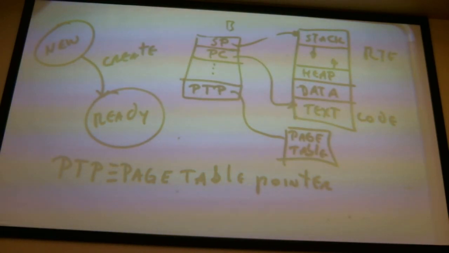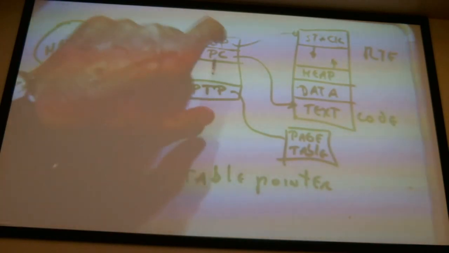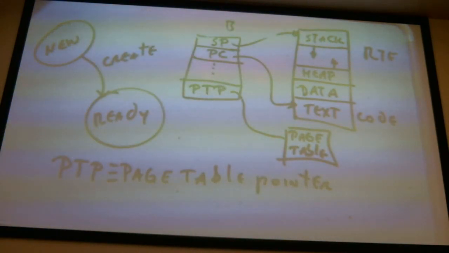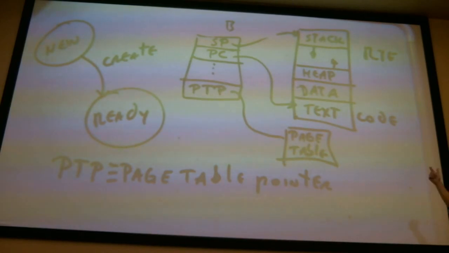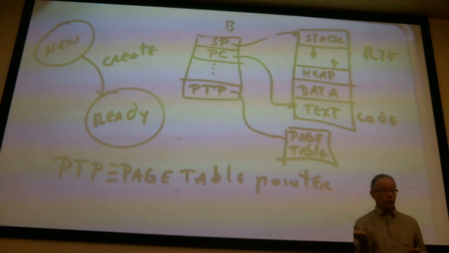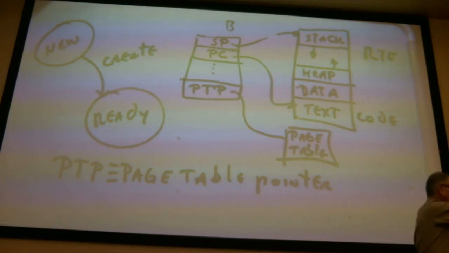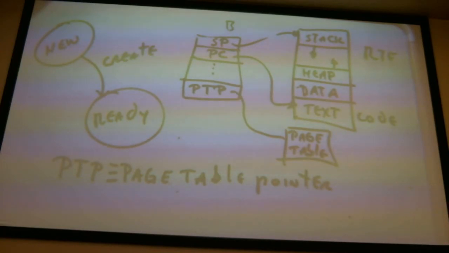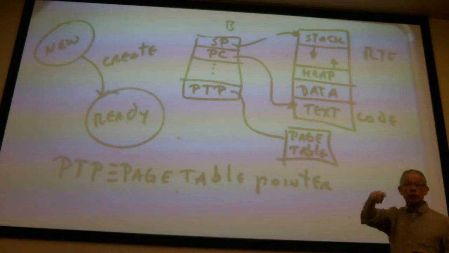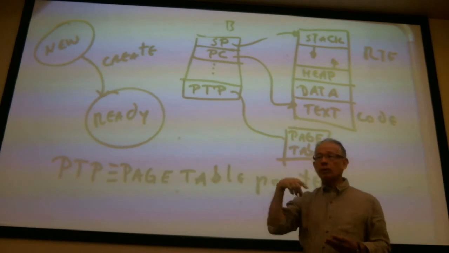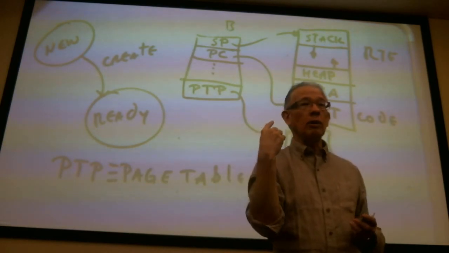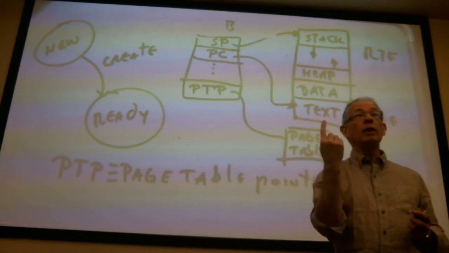Okay? But when we do context switching from this PCB to another PCB, which means from one process to another, we have to gather the stack pointer, the program counter, and the page table pointer from the CPU, right? Copy that back into the process control block, select the new process that is going to run. What is the program that selects the new process that is going to run? The scheduler, right?